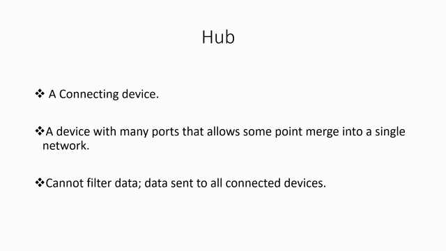Data packets are sent to all the connected computers, and the device has to make a decision if it needs the packet or not. As a result, there is no privacy as the message is sent to all the computers. And on the other hand, it also slows down the network overall.